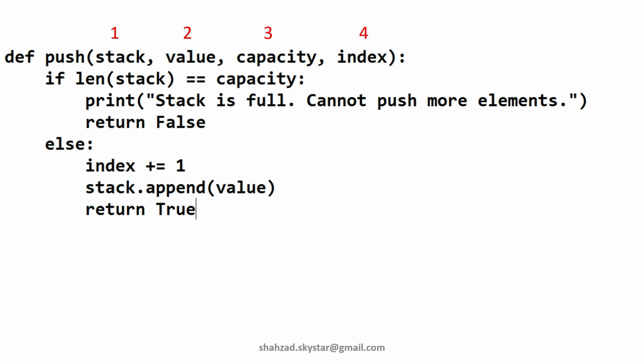If capacity and stack length are equal, then it will give me the message stack is full, cannot push more elements, and return false. Else, if the stack length has not reached the capacity, then it will increment the index, that is index equals index plus 1, and it will return true.